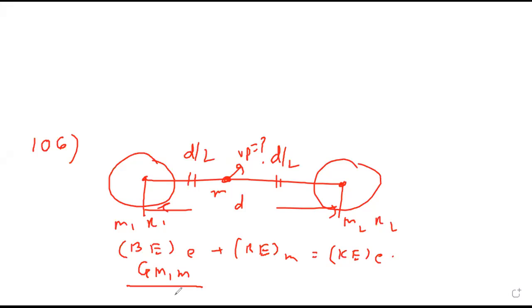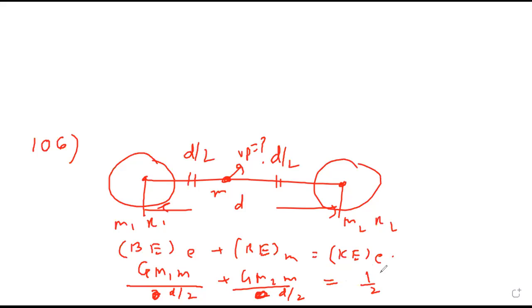G m m upon 2r if it is orbiting, and G m m upon r if it is at rest. Because it is at rest, so G m1 m upon d by 2 plus G m2 m upon d by 2.